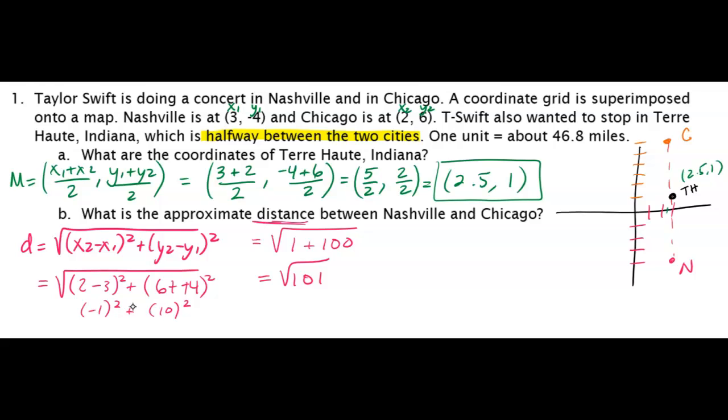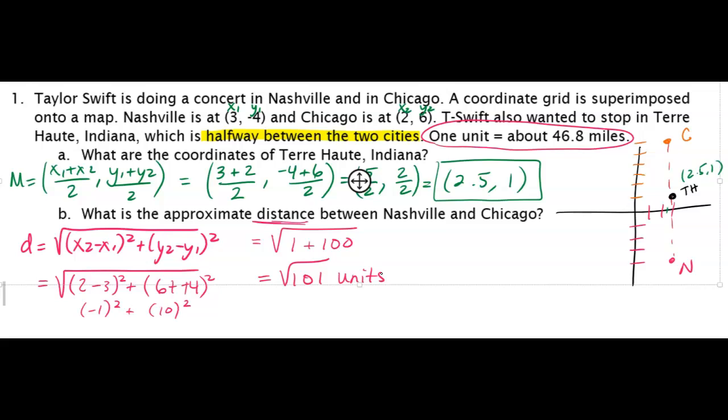Now normally that would be fine. You could leave it as a radical. But it says what is the approximate distance. What it wants us to do here is use this piece of information, which is telling us that 1 unit is about 46.8 miles. Our distance right now is in units, but we want it to be in miles. We want to know what that actually means if we took that information off the map.